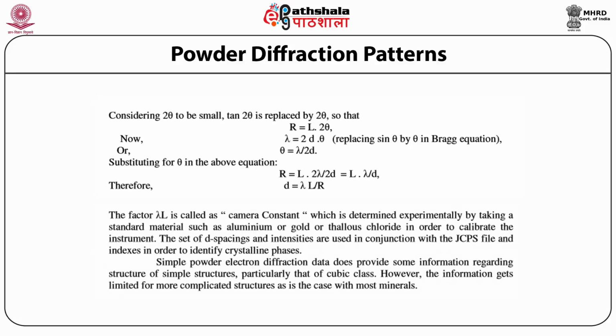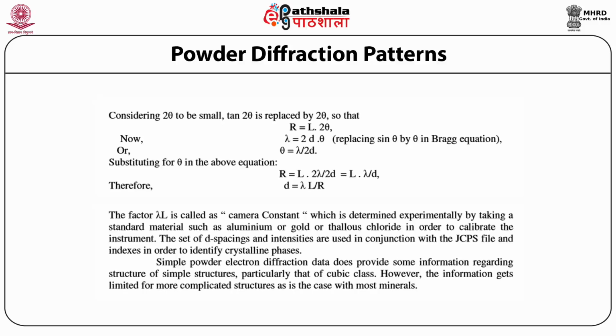The factor lambda L is called the camera constant, which is determined experimentally by taking a standard material such as aluminium or gold or thallous chloride in order to calibrate the instrument. The set of d spacings and intensities are used in conjunction with the JCPDS file and indexing in order to identify crystalline phases.